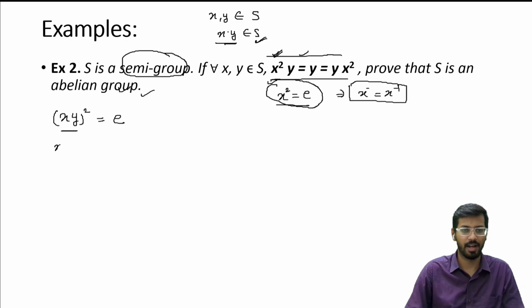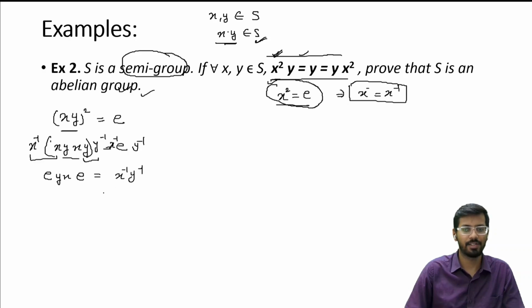So from this we can write xy is equal to identity element, and take x inverse here and y inverse here. Similarly, take x inverse here, y inverse here. So from this we can write identity element, and this is yx and this is identity element, that is equal to x inverse y inverse.